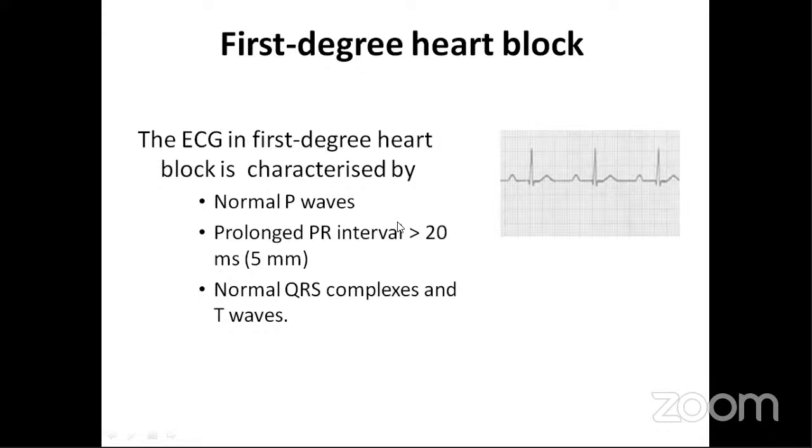If a person has first degree heart block, these are the characteristics: prolonged PR interval with normal P waves and normal QRS complexes.